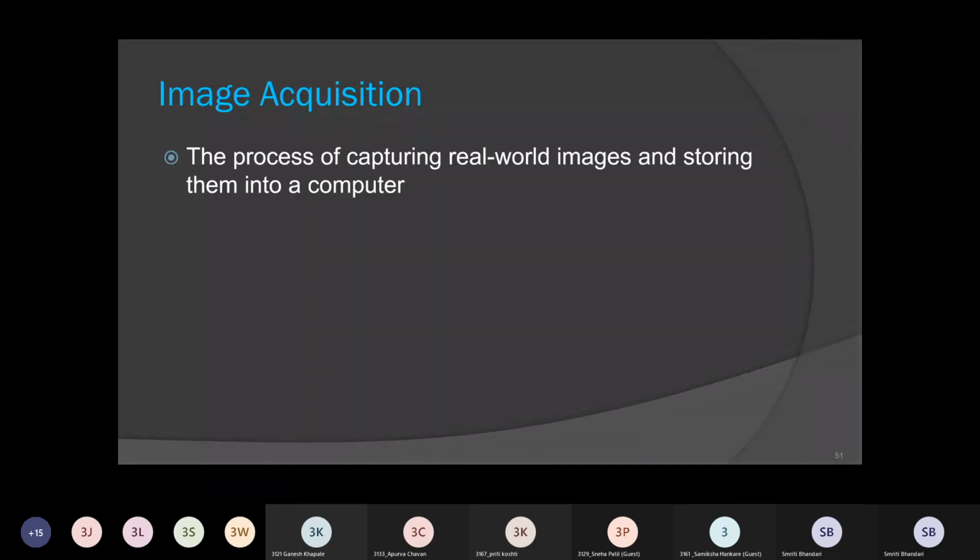Image acquisition is the process of capturing real world images and storing them into a computer. I'll repeat, image acquisition is the process of capturing real world images and storing them into a computer. Typically, image acquisition requires some kinds of image sensors. Those convert photons to electrons.